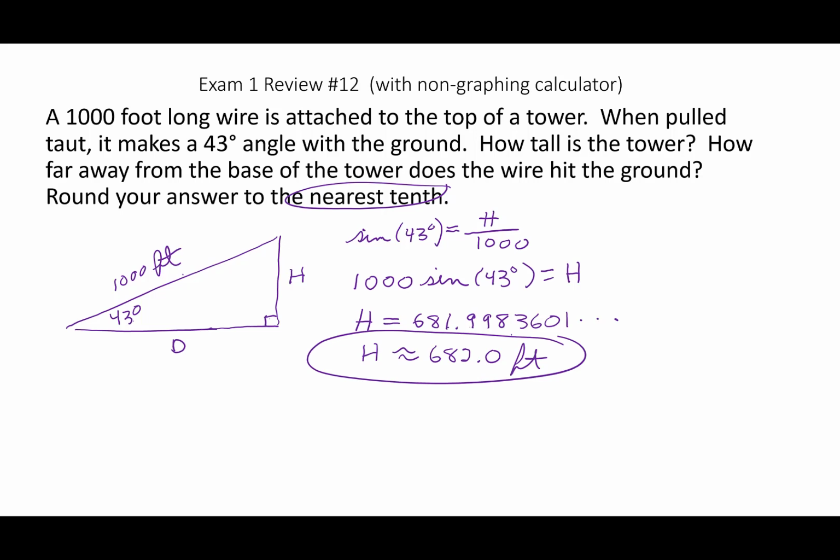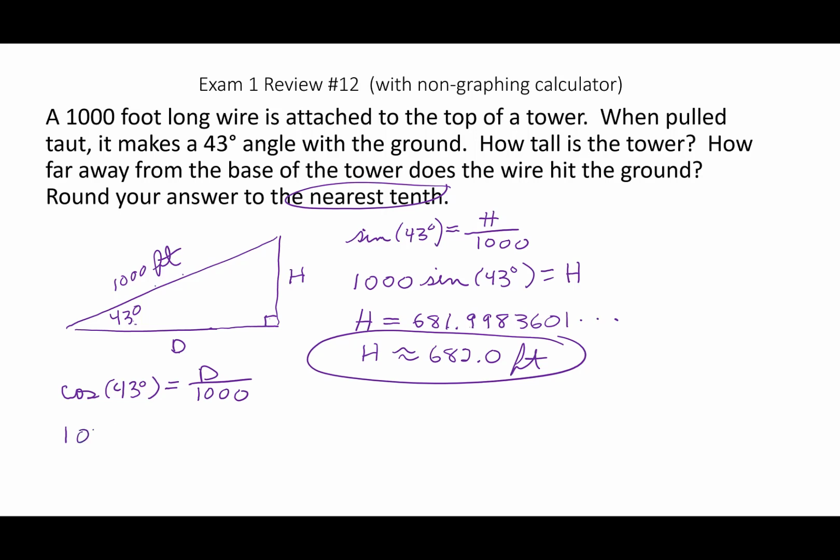Then for the distance from the base of the tower, we look at the 43 degrees. We have adjacent and hypotenuse that we're working with here. That would give us the cosine function. So the cosine of 43 degrees is going to equal d over 1,000.